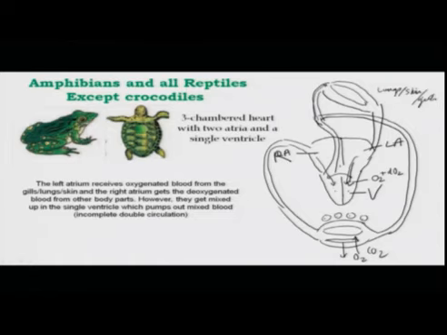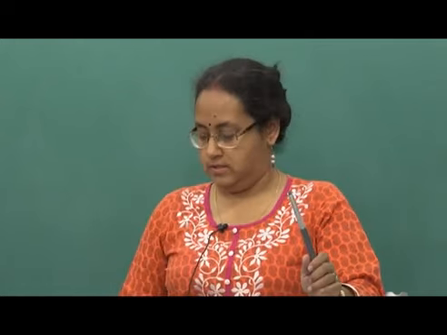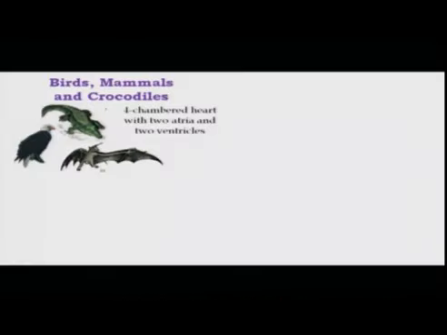Now, let us look at the birds and mammals, and remember the crocodiles were the only exception among the reptiles, which have this kind of a system where you have a 4-chambered heart.